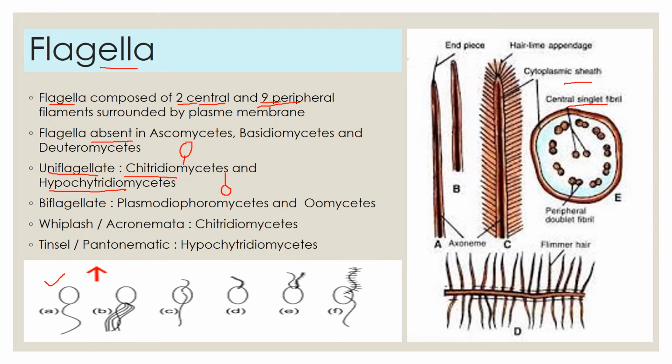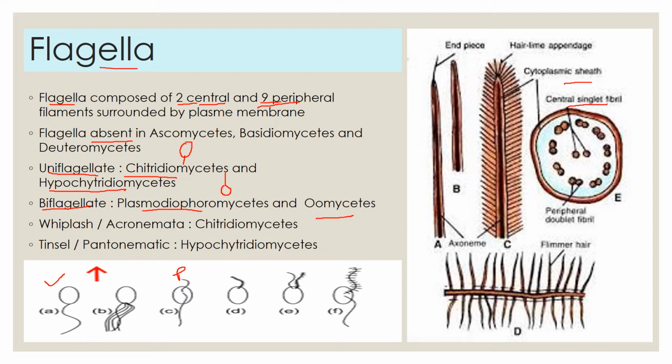And in case of biflagellate, we have plasmodiophoromycetes and oomycetes. This is the example of plasmodiophoromycetes, which has two flagella, and they are anteriorly placed.